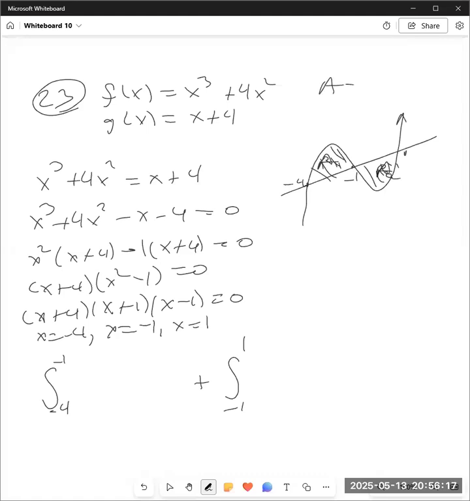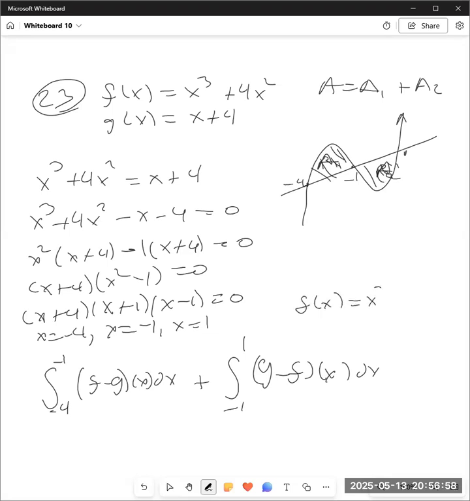My total area is area 1 plus area 2. So I'm going to have cubic minus the line, so this is f minus g of x dx. And then this one is g minus f of x dx. Write these down here again, since I'm going to scroll down.